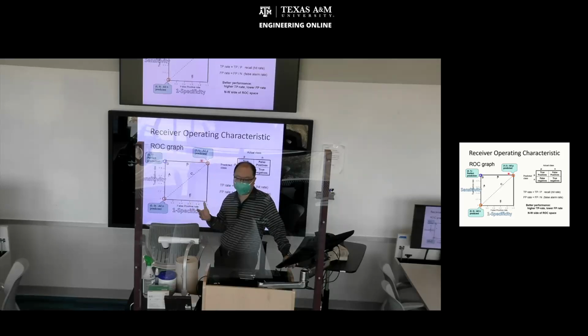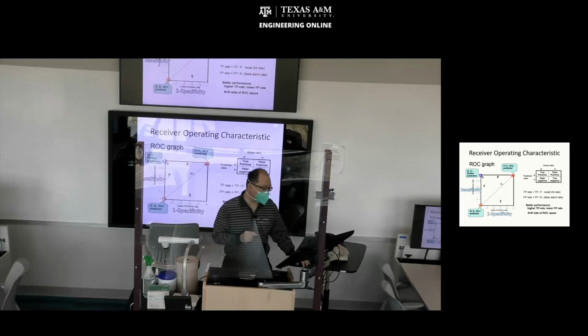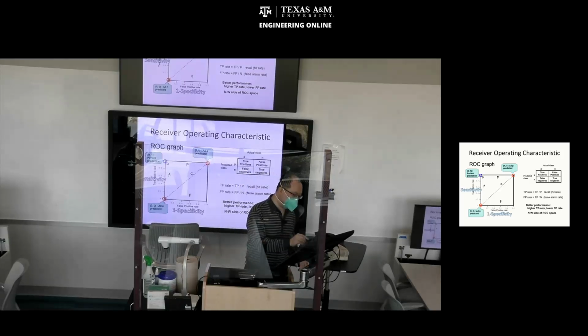Depending on whether the classifier's predicted values are above or below this moving threshold, you could have different points. Let's look at this case. This point is 0, 0. So the true positive rate is 0 and the false positive rate is 0.